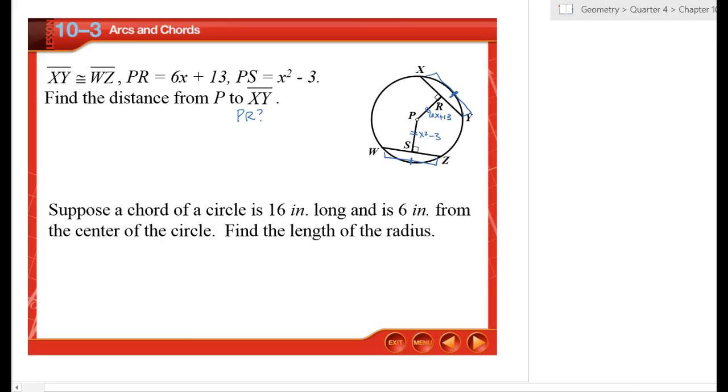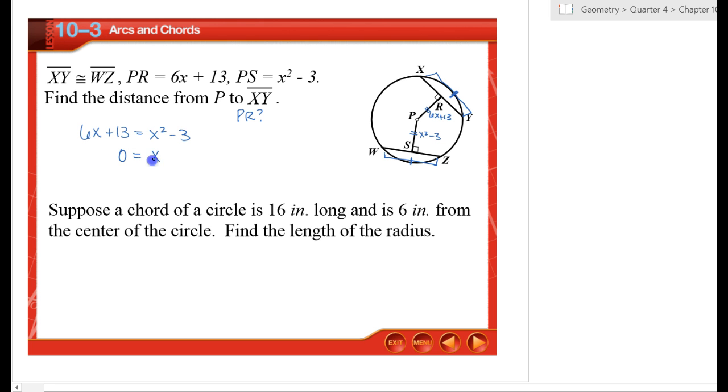So to find PR, well, I need to know x. And I can solve x by setting those equal to each other. So 6x plus 13 equals x squared minus 3. I've got an x squared, which means I'm going to have to factor. Move everything over so it's equal to 0.